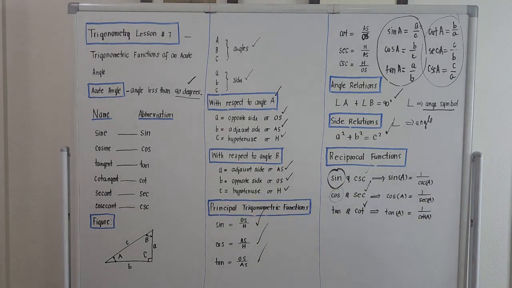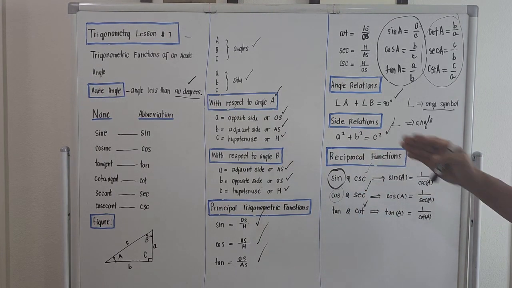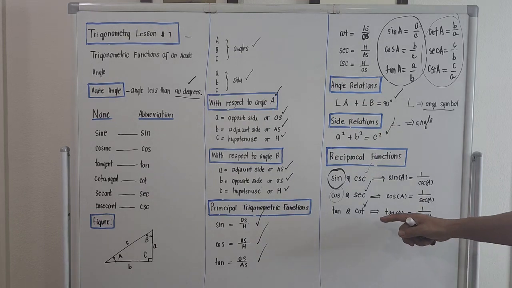An example of this: sine of angle A will be 1 over cosecant of angle A. Cosine of angle A is 1 over secant of angle A because cosine and secant are reciprocals. And tangent of angle A will be 1 over cotangent of angle A.